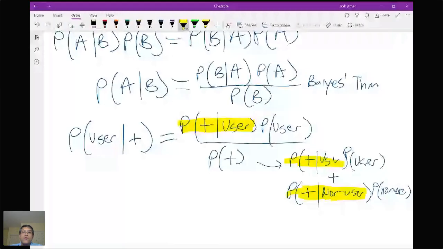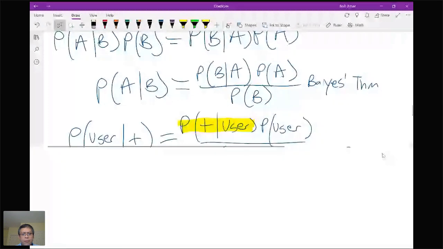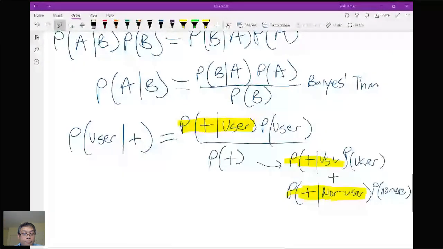If you guessed the probability of somebody being a user, then you could predict the probability that your test will successfully detect a user of a drug, given that the test came back positive. Sorry. So that's Bayes' theorem and how it could apply to AP Stat.